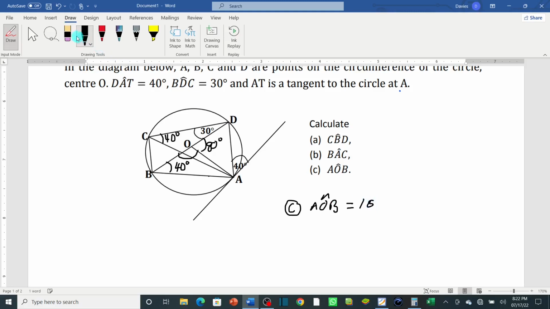This one, 180, doesn't come out clearly. My mouse is getting stuck. So this one is 180 minus 80, which will give us 100. So this one is 100.